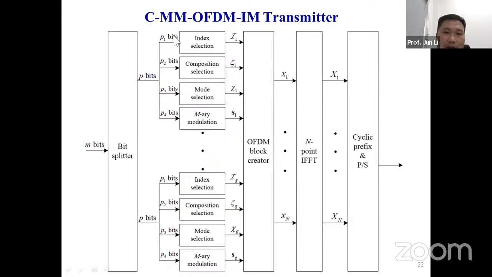The first part, P1 bits, are used to select the active subcarrier pattern, and the P2 bits are used to select the energy allocation pattern, and the P3 bits are used to select constellation permutations, and the last bits, P4 bits, are used to generate the modulated symbols.